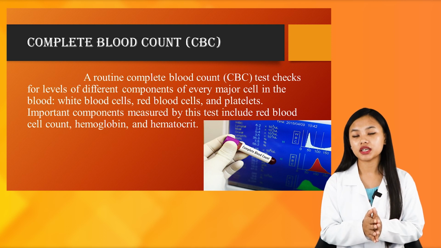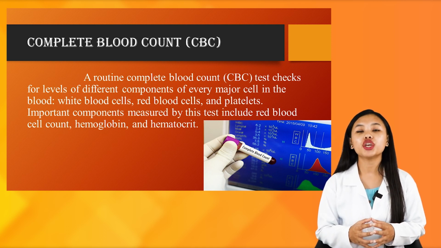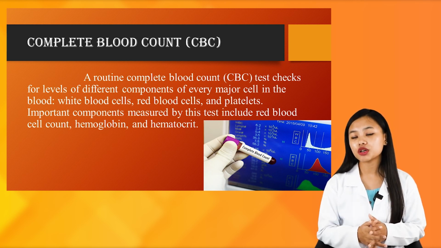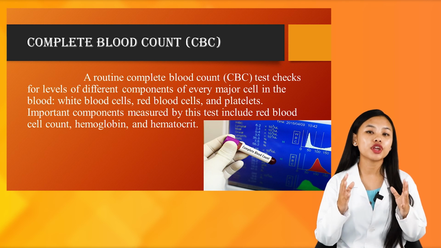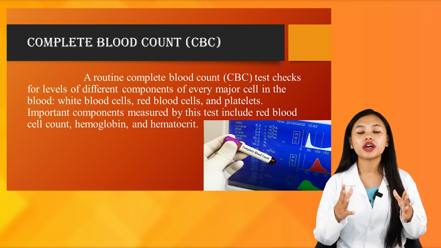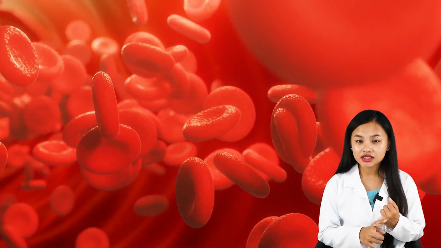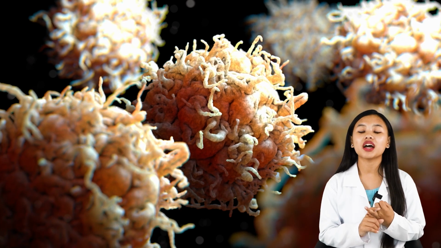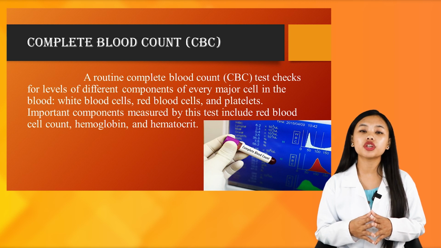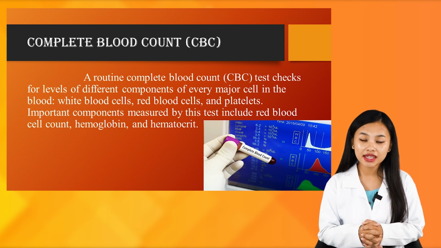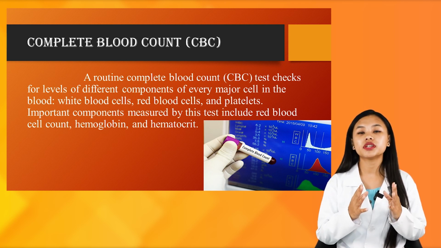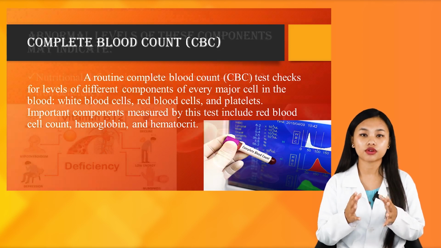Here a complete blood count test can be done in order to check the levels of different components of every major cell present in the blood, that is the red blood cells, the white blood cells, as well as the platelets. The important components which could be measured by this test include the red blood cell count, the hemoglobin, as well as the hematocrit.